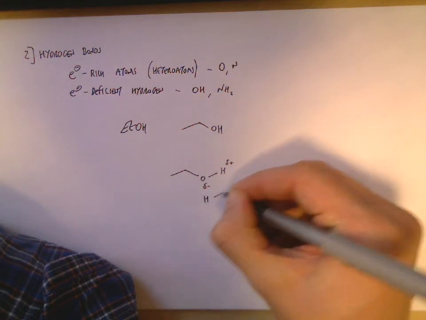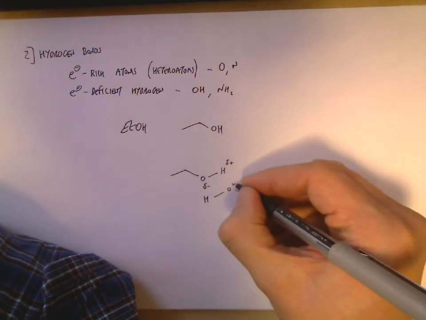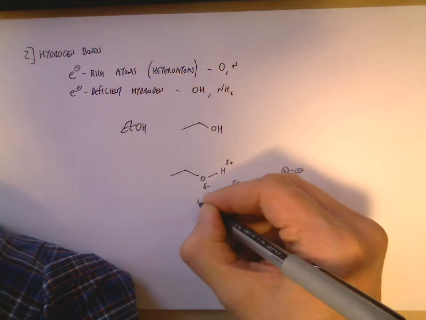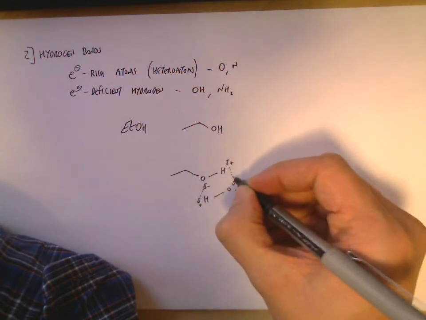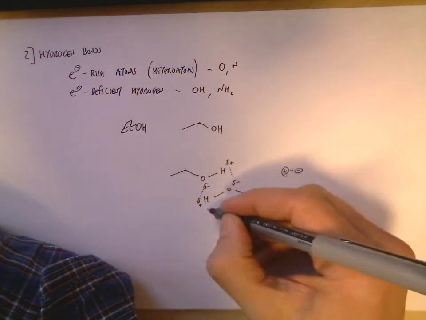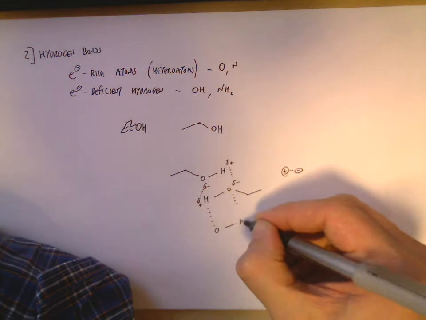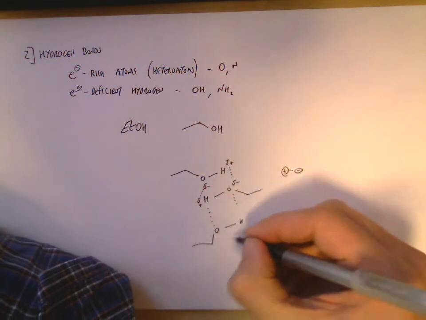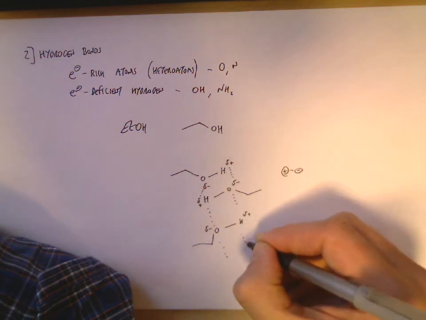So for example, if we draw another molecule of ethanol here we have a delta minus, here we have the delta plus, so you're going to get an interaction between the delta plus and the delta minus, and that can continue. So you'll have another ethanol molecule, so again delta minus, delta plus, and this will continue in a matrix.